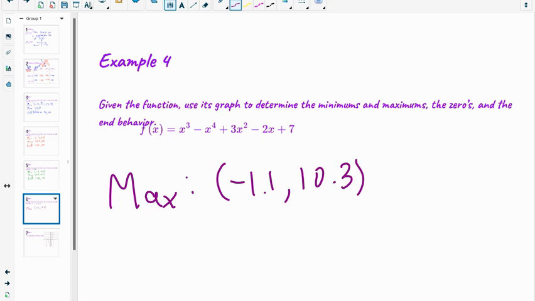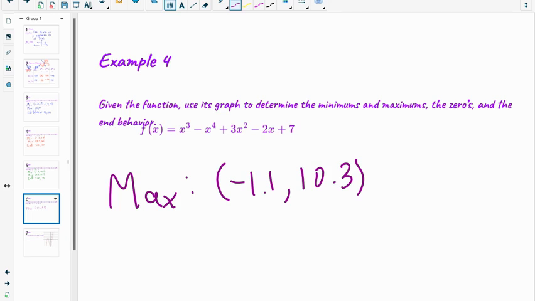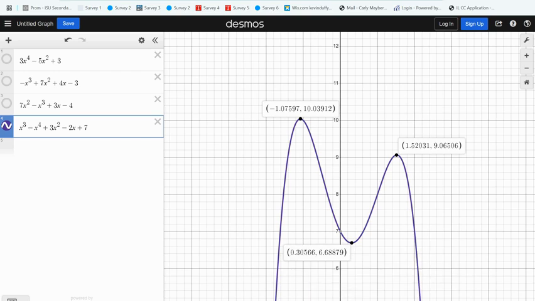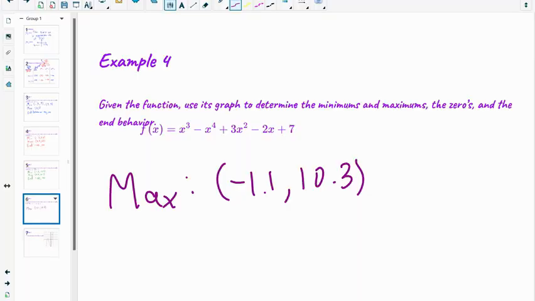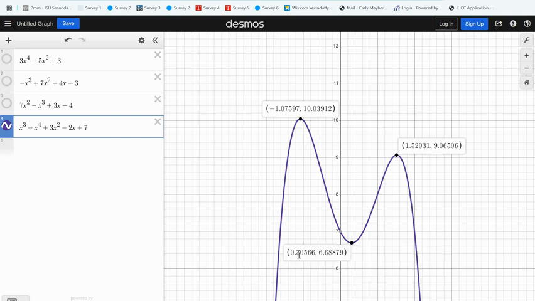Okay, let's go ahead and we have (1.5, 9.1) as another maximum, this time a local maximum. So sorry, that was (1.5, 9.1). There we go. And now let's go get our local minimum, which is at (0.3, 6.7).